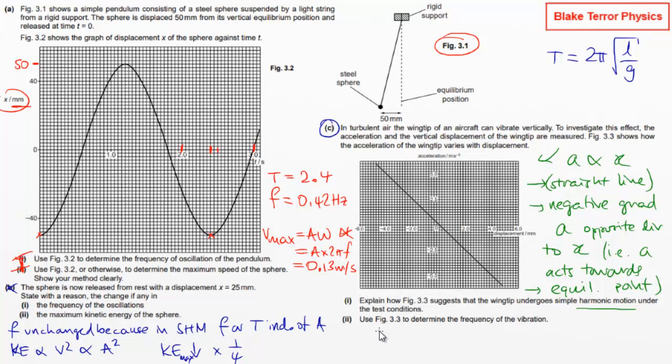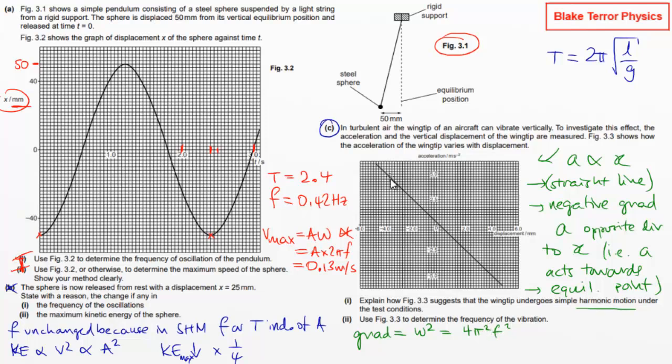Right, use figure 3.3 to determine the frequency of the vibration. Right, so the gradient is equal to omega squared, which is equal to 4 pi squared f squared. So let's get the gradient and then we can just work all of this stuff out.